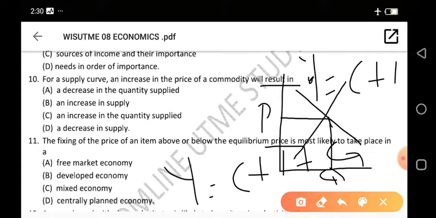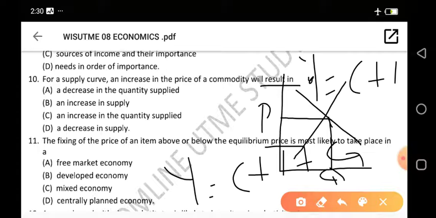So let's look at our options. Free market: it's just C plus I, government is not involved. Government is just there to do 3 things: print money, settle disputes, and defend the territory of the country. The free market economy is also called a capitalist economy. Developed economy is just a term used in economics, not part of the economic system.